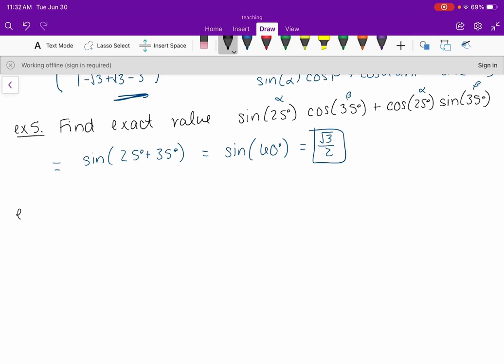This next example is a little bit different. This one requires us to use some triangles.